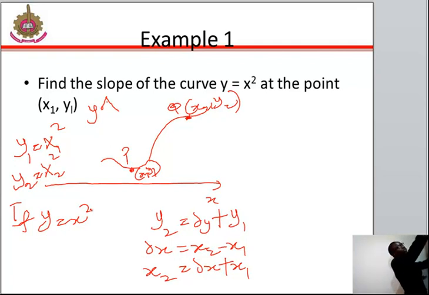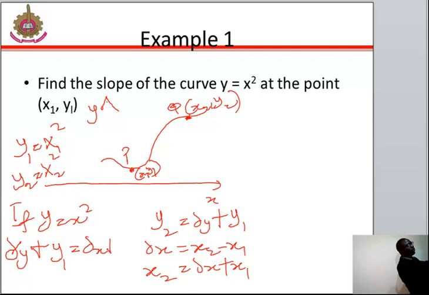At the second point, which is the point you want to bring down to P, you are going to have delta y plus y1 equals delta x plus x1, all squared. That is, y becomes delta y plus y1, as I said earlier, and your x becomes delta x plus x1.